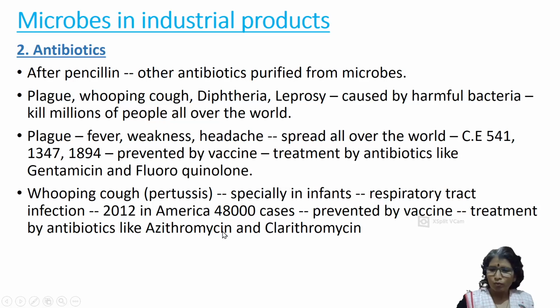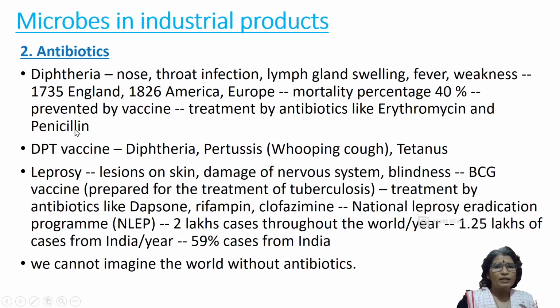And information about diphtheria. The common symptoms are nose and throat infection, lower jaw lymph gland swelling, fever, and weakness. In 1735 in England and 1826 in America and Europe, most of the people suffered from diphtheria. At that time, the mortality percentage was approximately 40%.